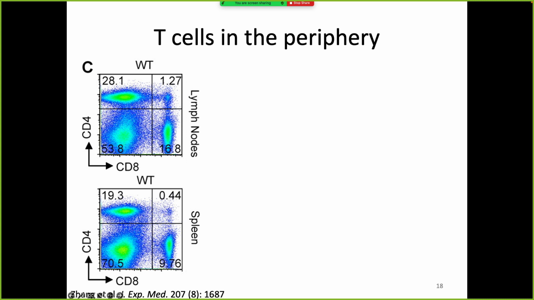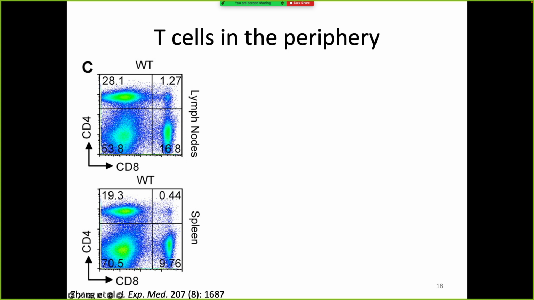So what you can see in the lymph node and in the spleen is that we have a good population of cells that are CD4 positive and CD8 negative. These are the CD4 T cells. They respond to MHC class 2. They're going to do CD4 T cell stuff. Hooray! We have a nice population of CD8 positive T cells. They are CD4 negative. They're in the periphery.